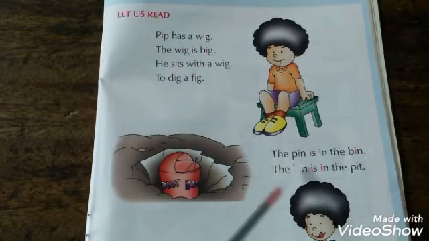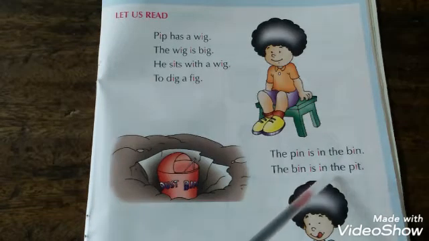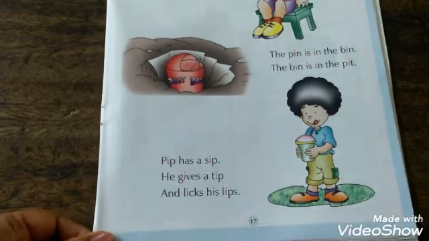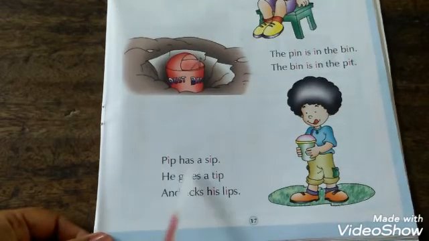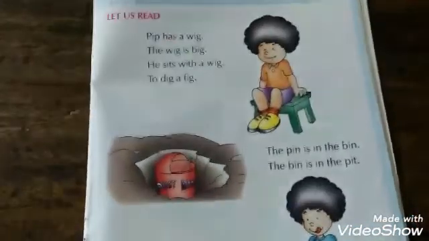Then the pin is in the bin. The bin is in the pit. Then see the next. Peep has a sip. He gives a tip and licks his lips. Okay. These are the sentences using vowel I.